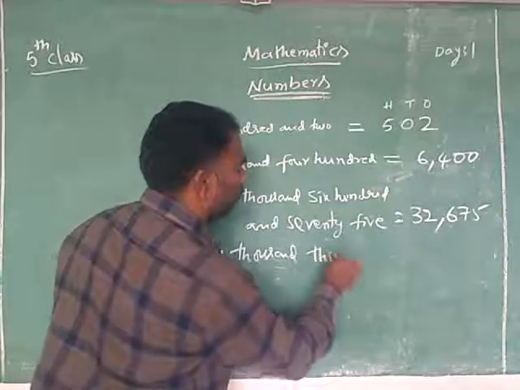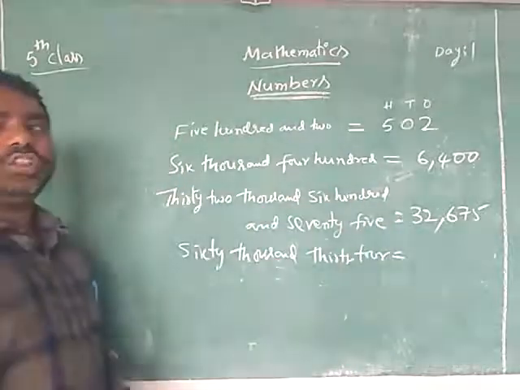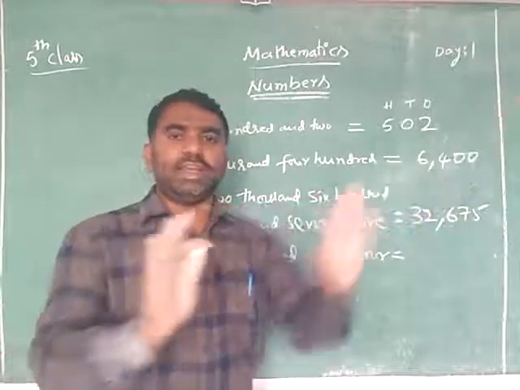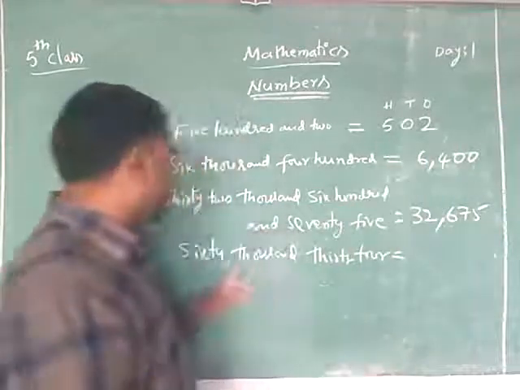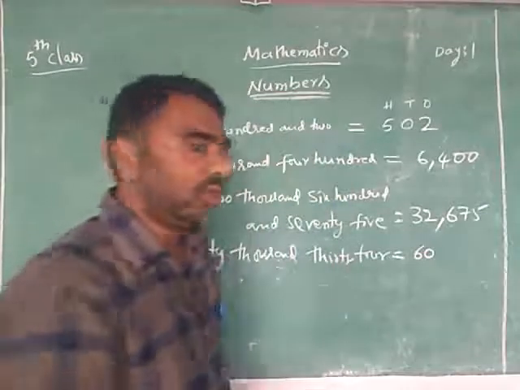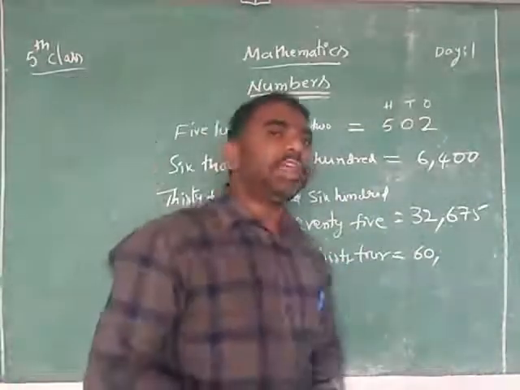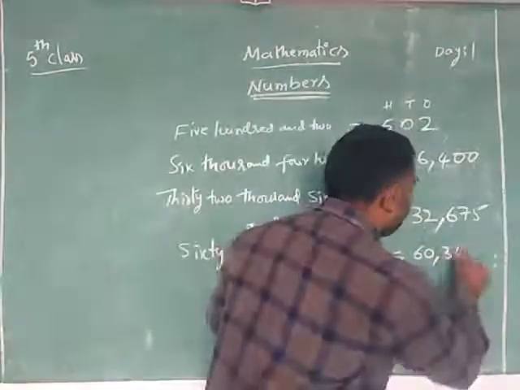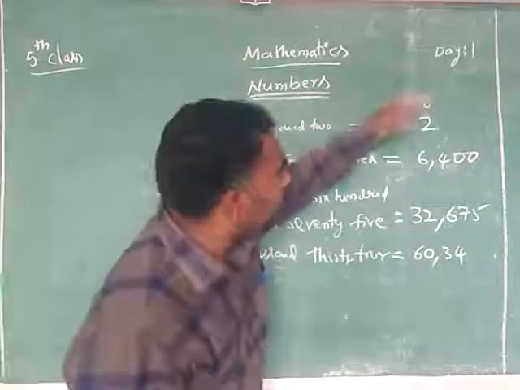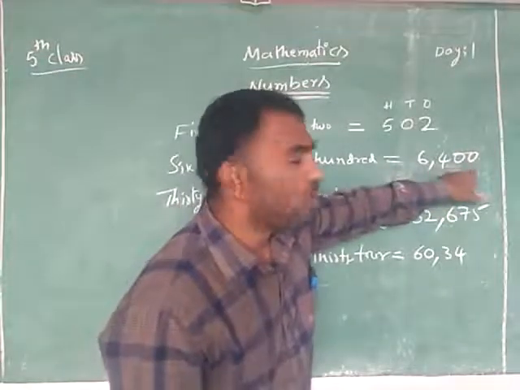60,034. 60,000, I know you know that already. What are you doing? Separate. We are separating the part after hundreds and before hundreds. That is thousands. How many thousands are there? 60. So you can write 60,000 and separate it with a comma. What is there after the thousand? 34. You will write 34 like this? It is wrong. Why is it wrong? Because after the comma, how many digits are there? Hundreds, tens, ones.